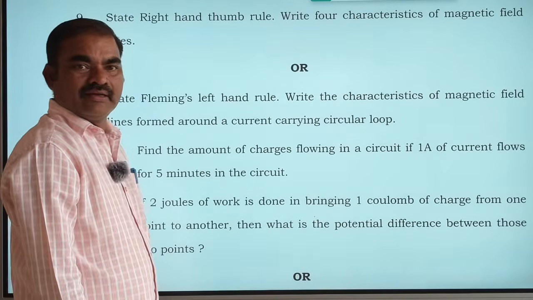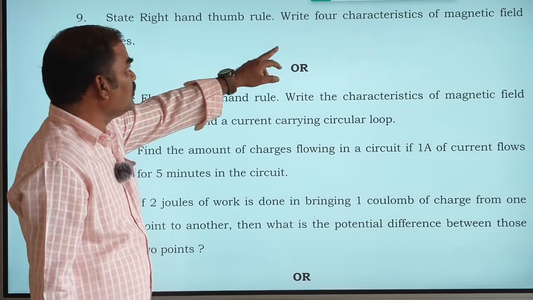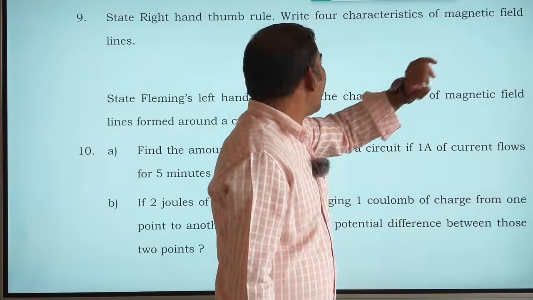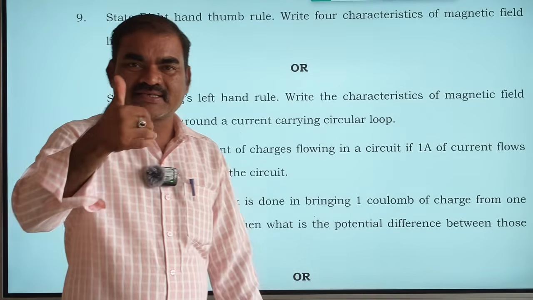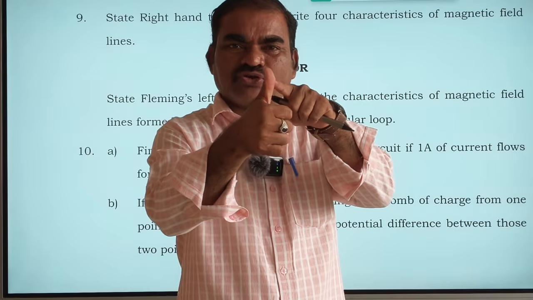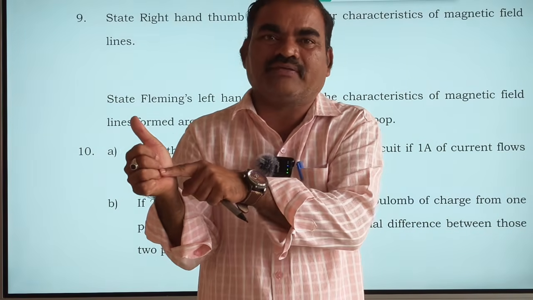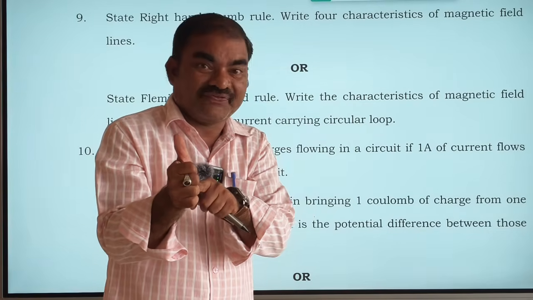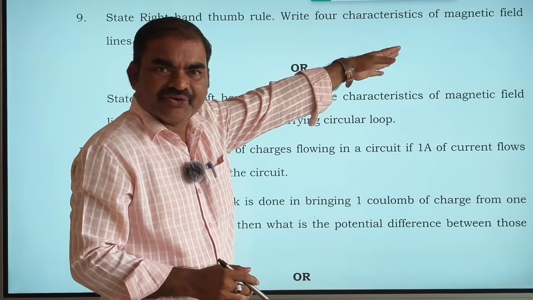Next one, that is the ninth question. State the right hand thumb rule and write characteristics of magnetic field lines. This is the thumb rule: the thumb shows the direction of current and the forefinger shows the direction of the magnetic field. Four characteristics you can easily write.